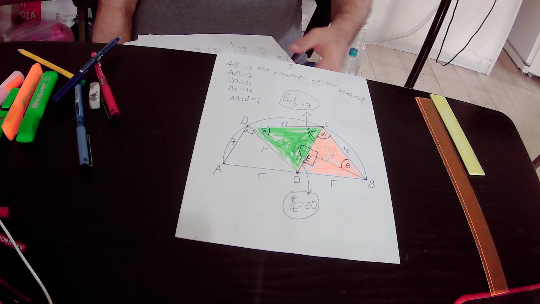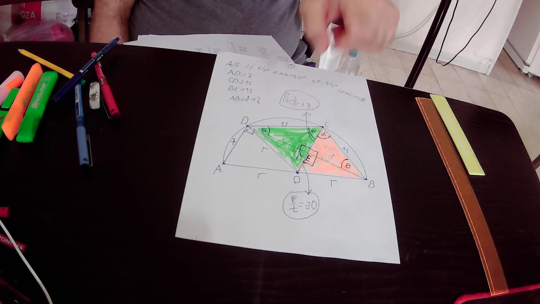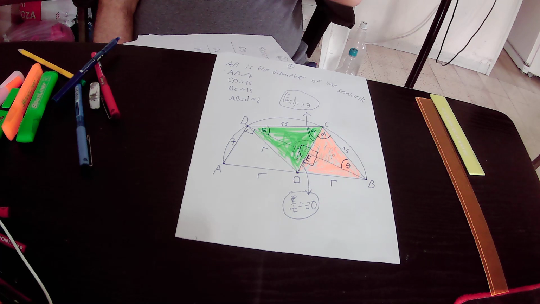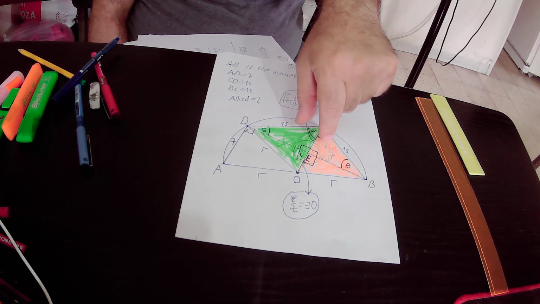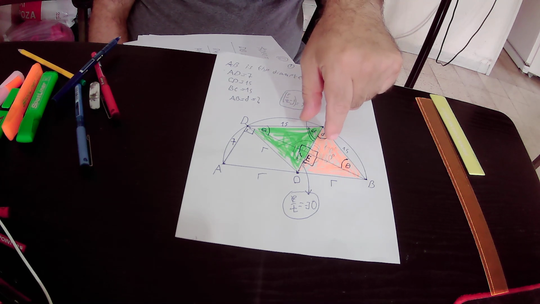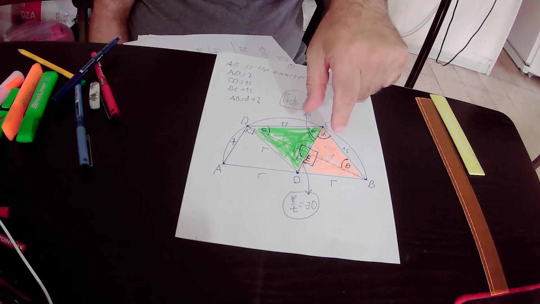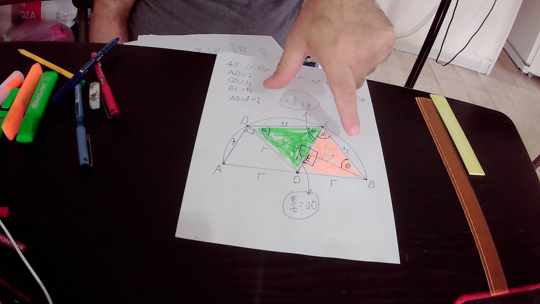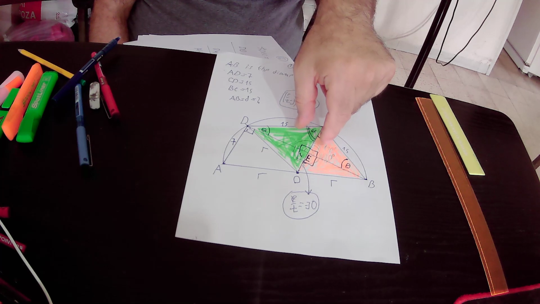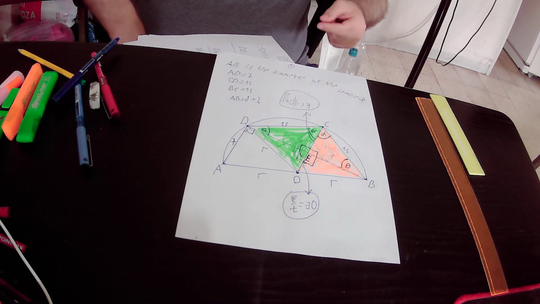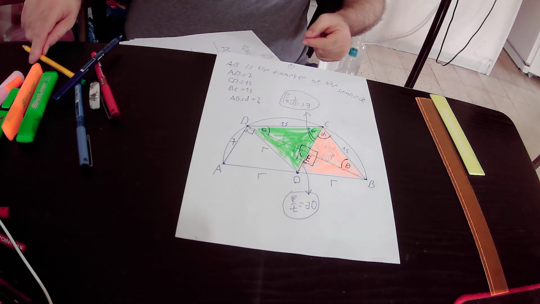So along the straight line DB, at a certain point, that is to say at point E, on the upper side of this straight line, the sum of the angles is equal to 180 degrees. That is to say, angle DEB equals 180 degrees, according to rule number 3.